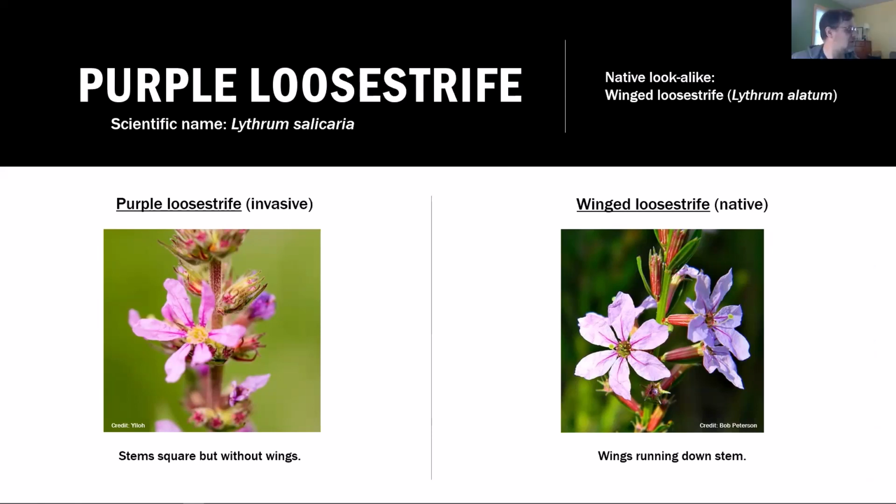Okay, I'm looking at a book here. Winged loosestrife grows in wet meadows and marshy shores and swamps and ditches. So sounds like the habitat is fairly similar.